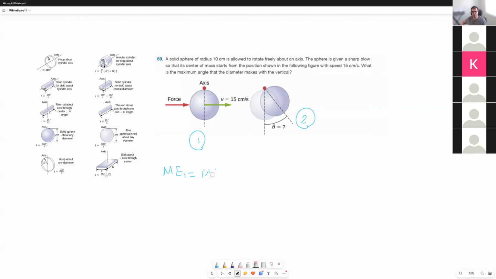Yes, mechanical energy is conserved. The only force is the force of gravity. Work done by non-conservative force is equal to the change in mechanical energy. Here, work done by non-conservative force is going to be zero because the only force affecting is the force of gravity.